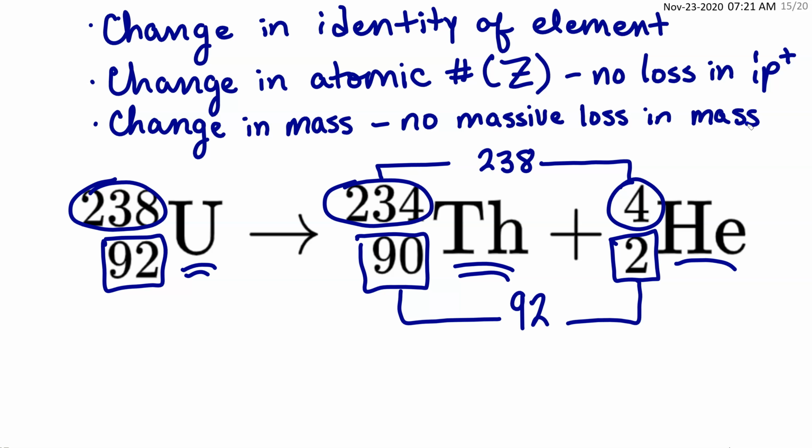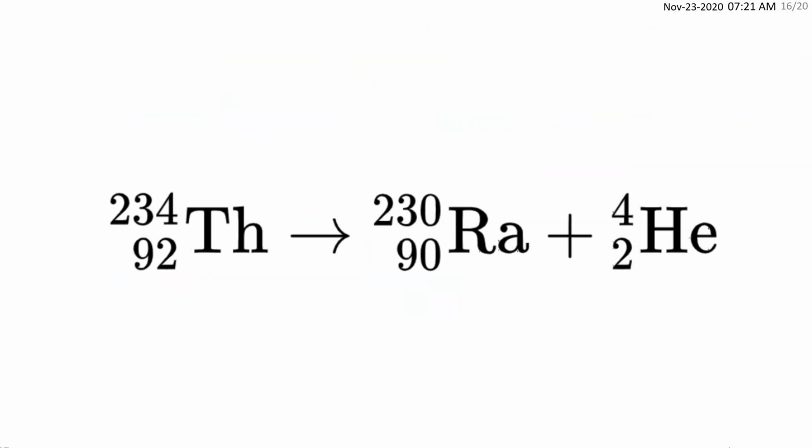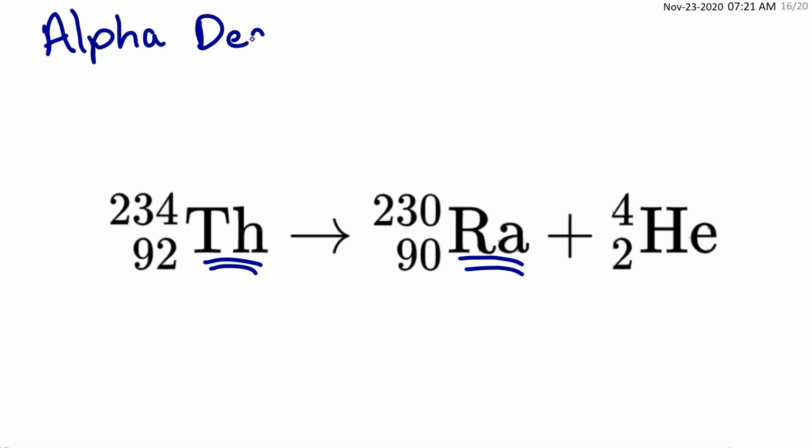Okay, now let's go ahead and talk about the different types of nuclear decay. This is another type of nuclear decay. We're going from thorium-234 to radium-230. This is called alpha decay. It would help if I spelled it correctly.